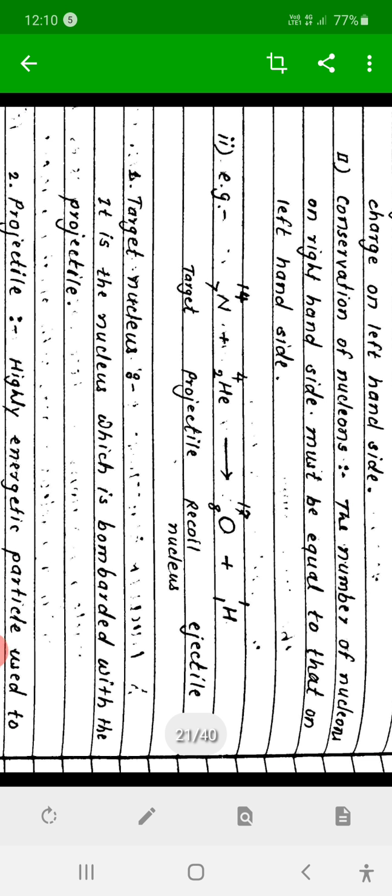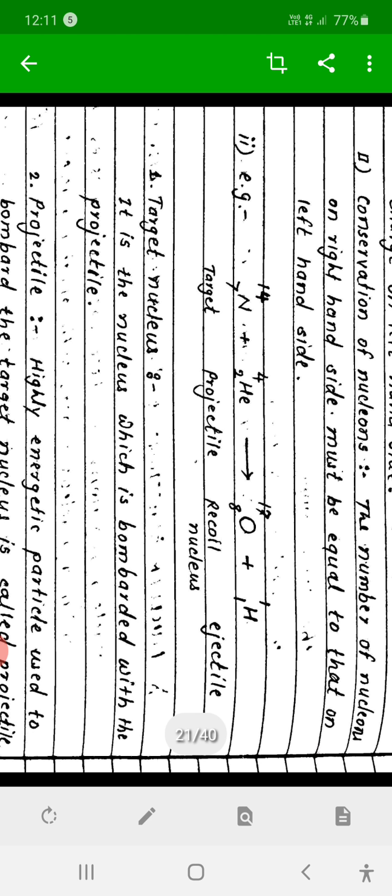Hello everyone. We already discussed nuclear transmutation reactions. In nuclear transmutation reactions, there is one target nucleus, which is bombarded with fast moving, high energy projectiles. That small particle, the projectile, is used for bombarding the target nucleus.